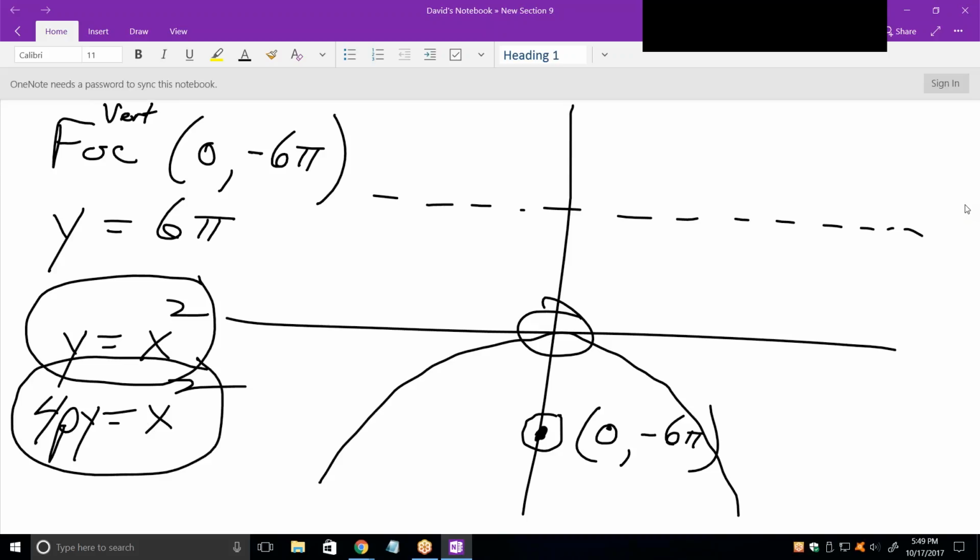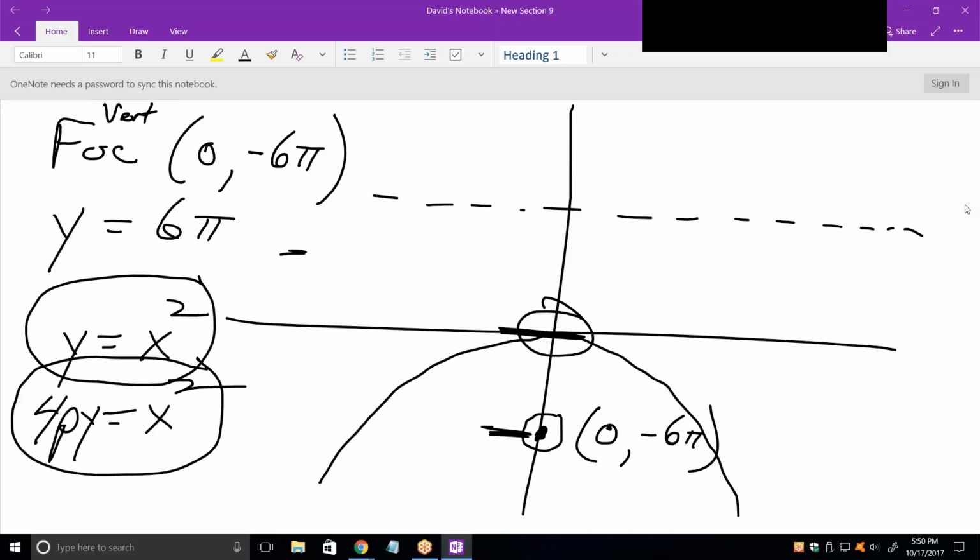Okay. So this is our standard format. Now, they told us what p is. What's p? Look at my graph. Look at the graph. It's the distance between the vertex and the focus. That's p. Negative 6 pi. There was a pi there, am I correct? Yeah, it was negative 6 pi.